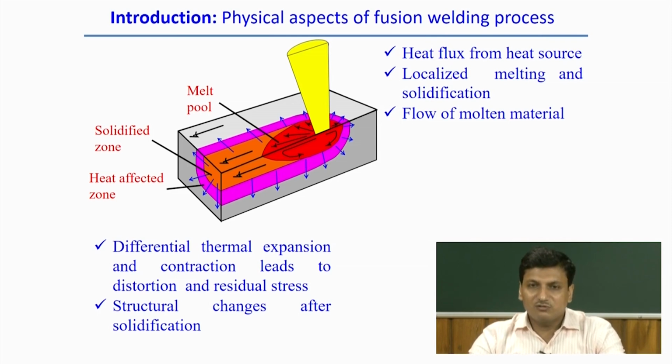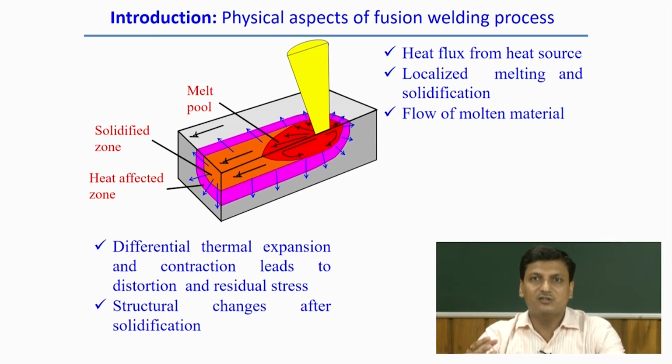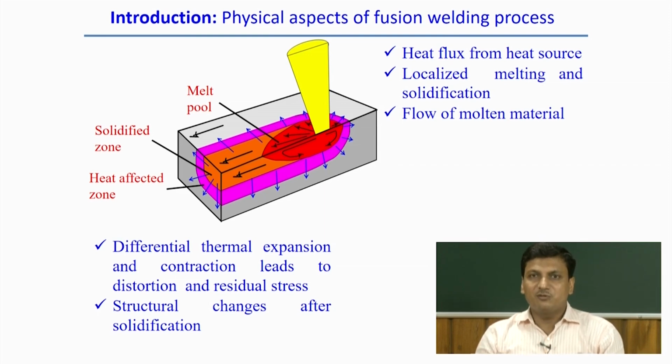Before doing that, let us try to understand the physical aspects involved in the welding process. Let us take an example. This example shows a heat source. The heat source comes from a laser, an electric arc, an electron beam, or due to resistance heating as well. With the application of the heat source, in a certain localized zone melting happens, and the surrounding area is the heat affected zone, where some temperature develops above the ambient temperature.